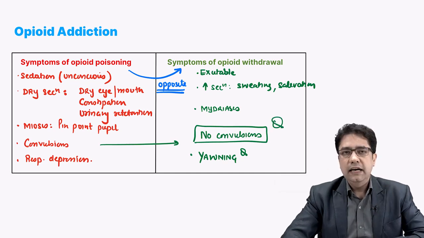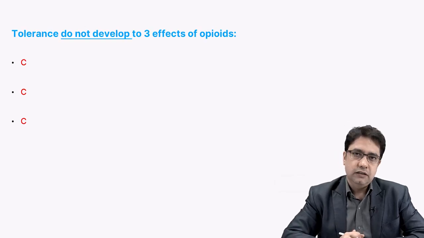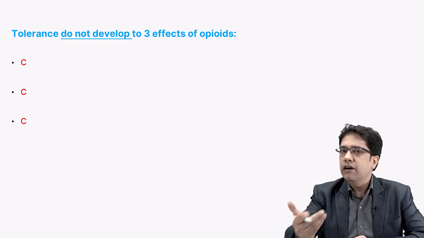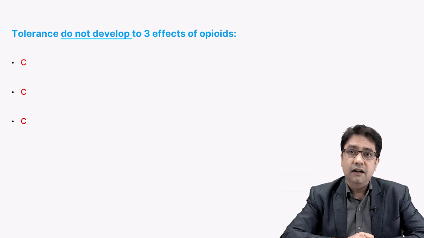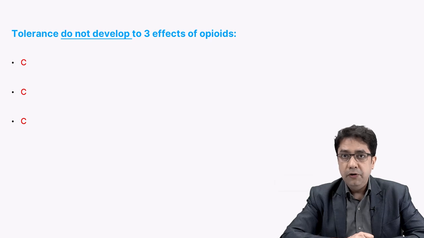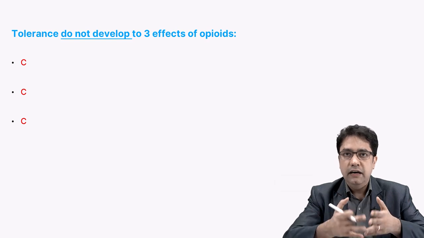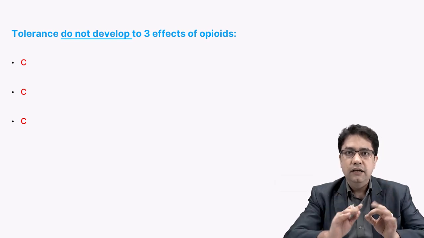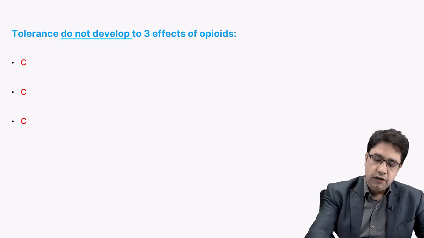We all know that in any drug addiction, there is development of tolerance. Tolerance means with time the effect of that drug reduces. That is why the person takes the drug in a higher dose and becomes addicted. With opioid, tolerance develops to all effects like euphoria, etc. But tolerance does not develop to three effects of opioid.